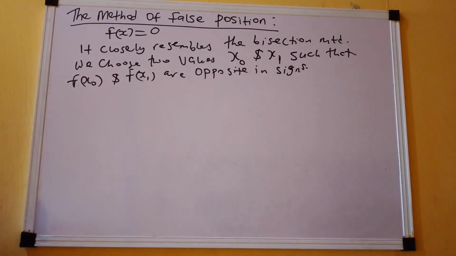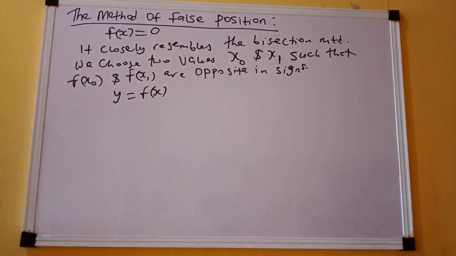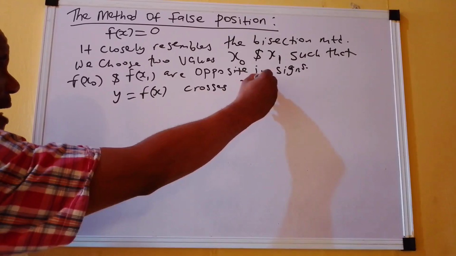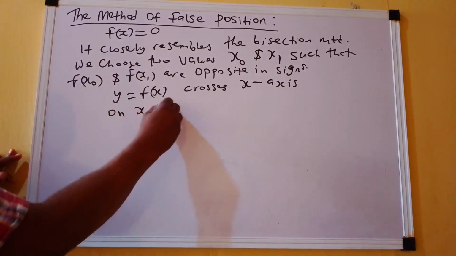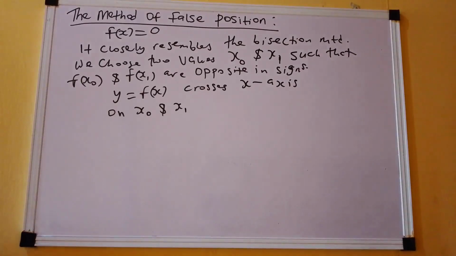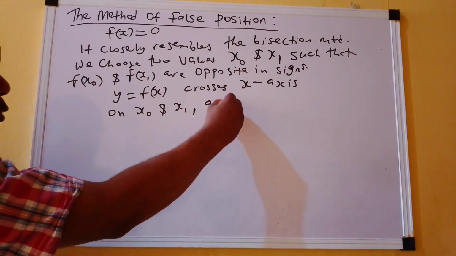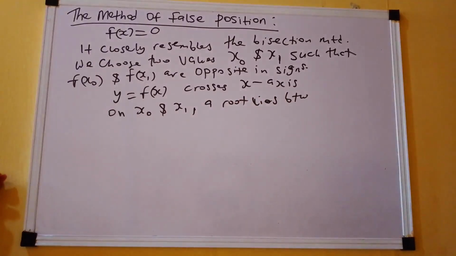Since the graph y is equal to f of x crosses through the x-axis between these 2 points, x0 and x1, then this means that there must be a root between x0 and x1.